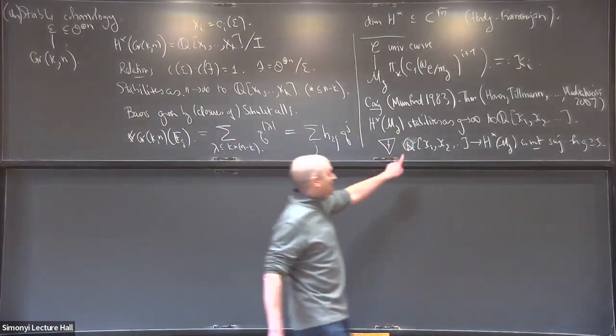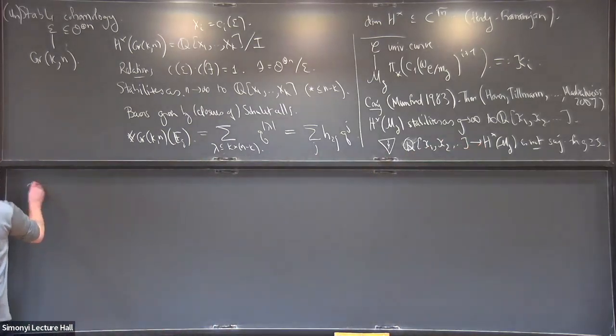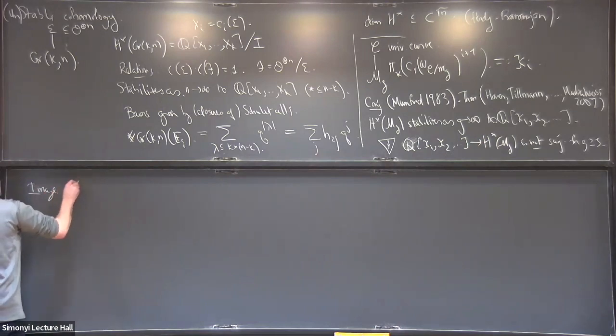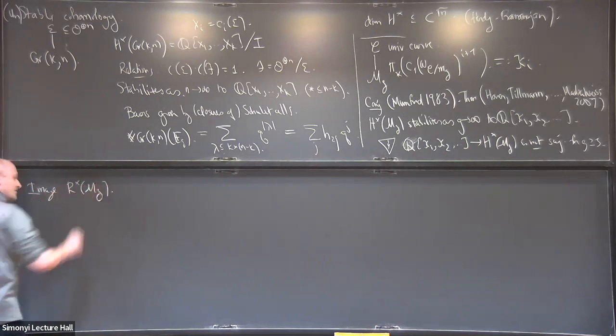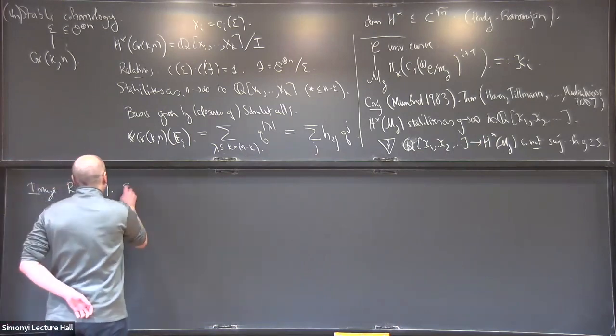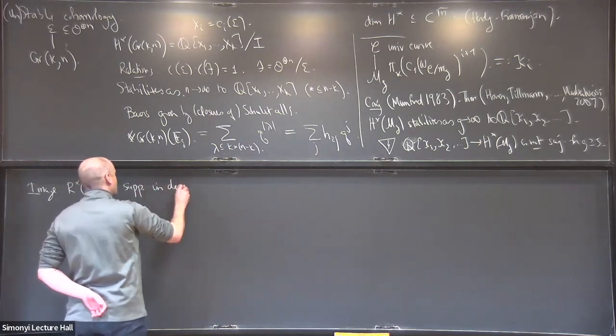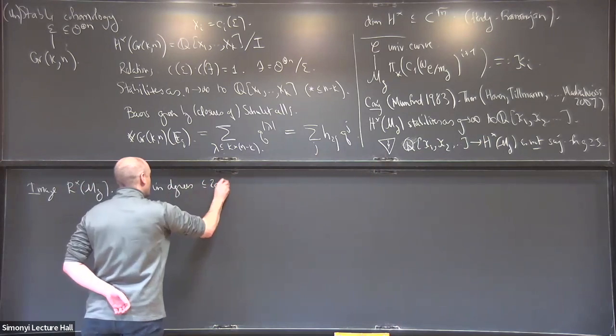Okay, so this is not surjective. The image has been studied quite a lot. So the image is denoted R star. It's called the tautological ring. Studied often in relation to Gromov-Witten theory. Many facts known about this. So this is supported in degrees less than or equal to 2G minus 4.